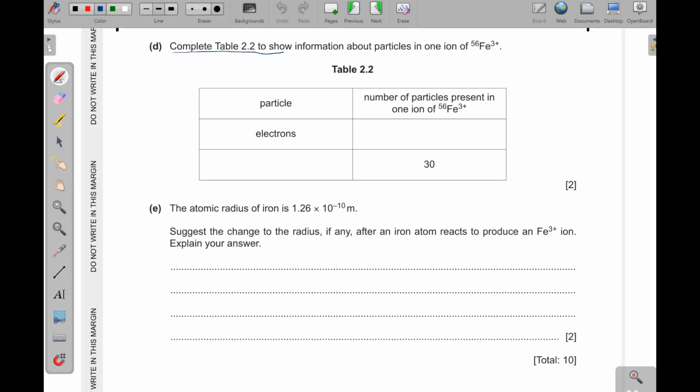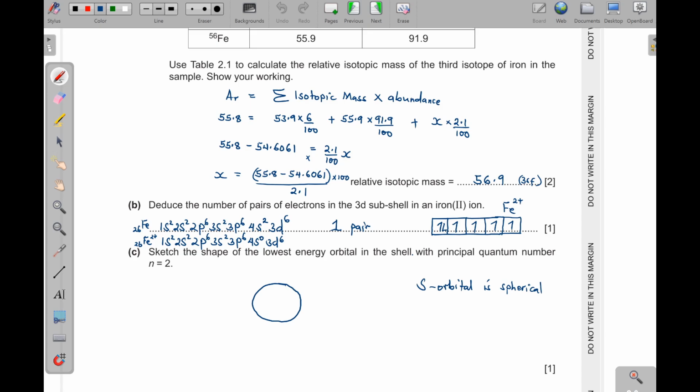Part D, complete this table to show the information about particles in one ion of iron 3. When we check back here, for iron 2 we have 6 electrons in the 3D. So if it loses another electron, it is going to come from the 3D, because the 2 have been removed from the 4s.